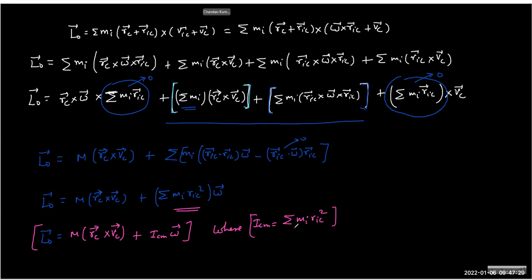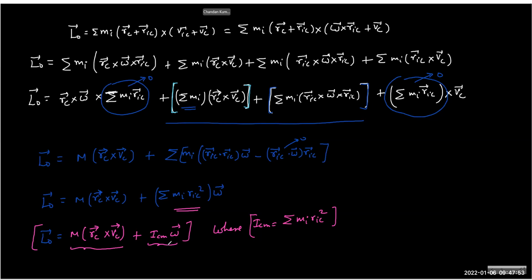And now you can clearly see that the angular momentum of a body is comprised of two terms. And you can see the first term is similar to what we learned for a particle. If you recall, what was the answer for the particle? It was something like this, right? M into R cross V. But the second term is something fresh.